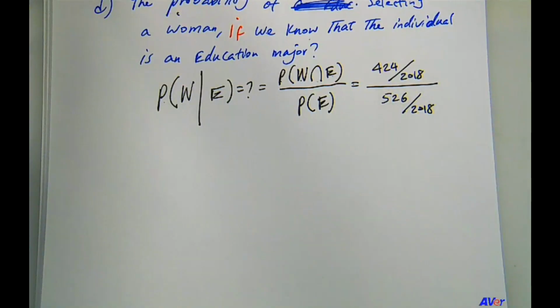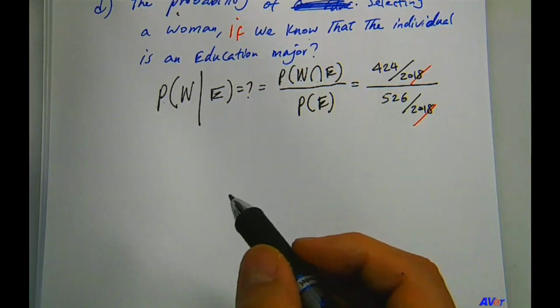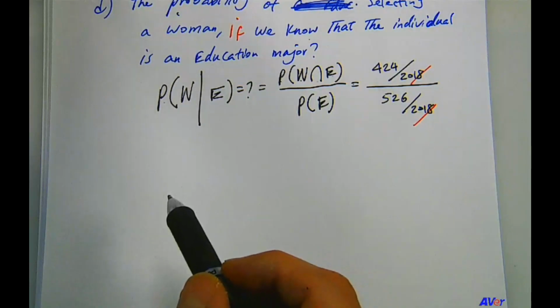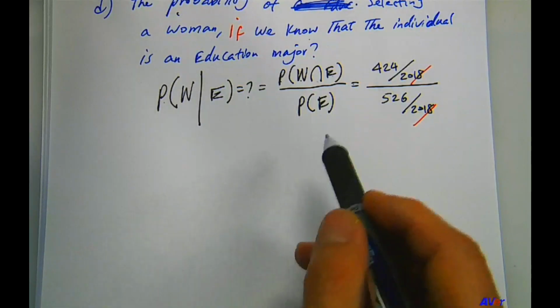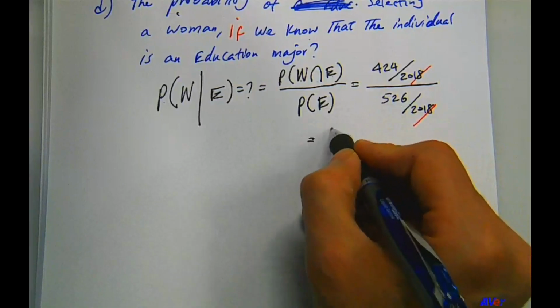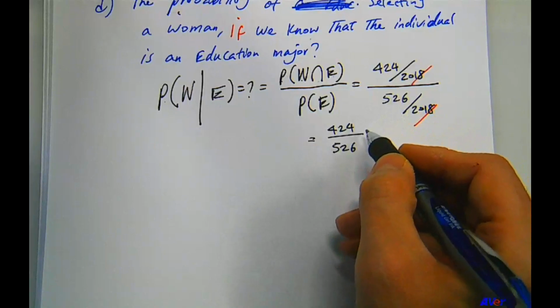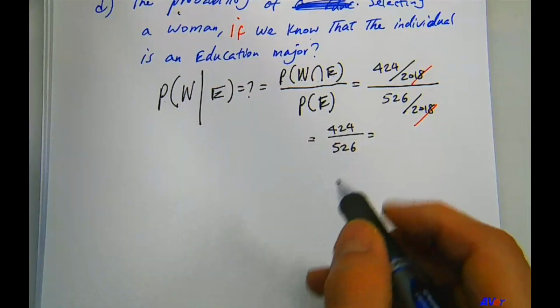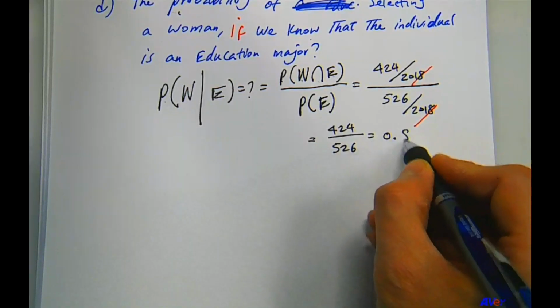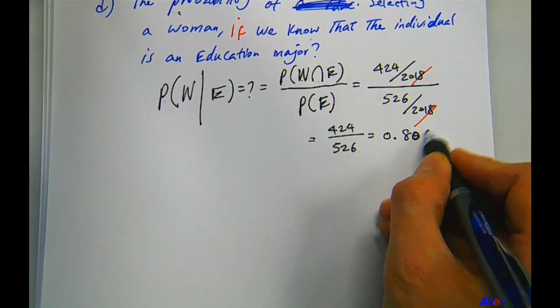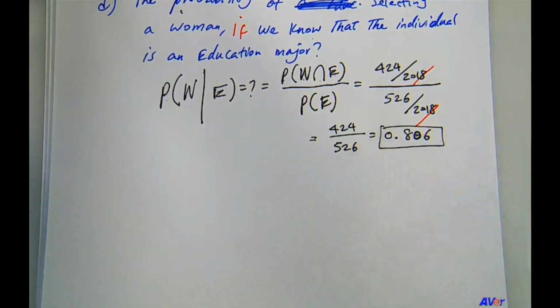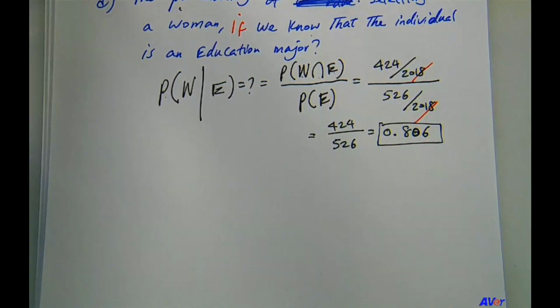So the 2018s cancel out and we end up with 424 over 526, which is 0.8806, which is the answer carried out to 3 decimal places.